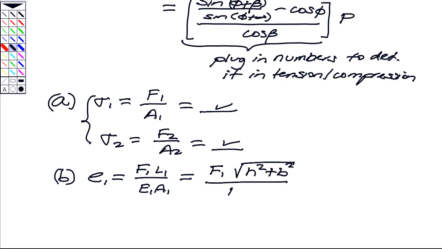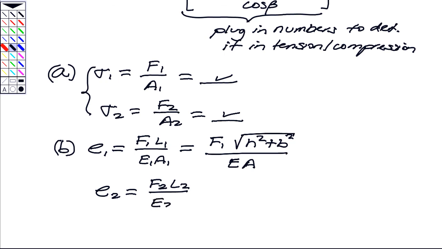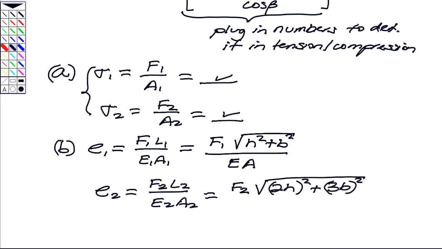The material is the same in both members, so we're going to write that E the same way with the cross-sectional area of A. The elongation in 2, that's going to be F2 L2 divided by E2 A2. The length of member 2, that's the square root of 2h squared plus 3b squared, divided by EA. So that gives us our elongation.